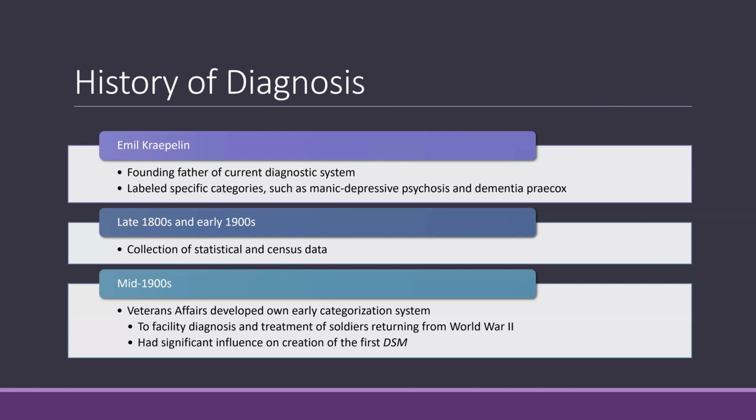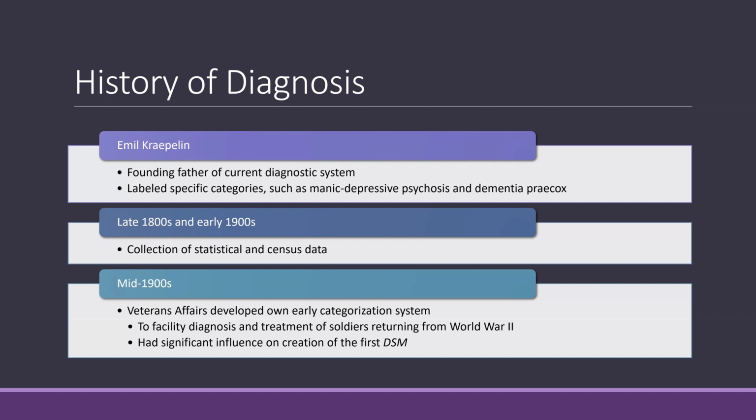So back then we had Emil Kraepelin, who's considered the founding father of the current diagnostic system. And so what he did is label specific categories that are pretty similar to what we still use today. So things like manic depressive disorder, which is now called bipolar disorder, or dementia praecox, which is now called schizophrenia. He was really the first to group these symptoms together and call them a disorder.